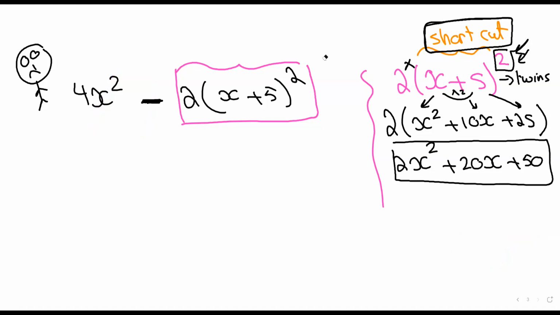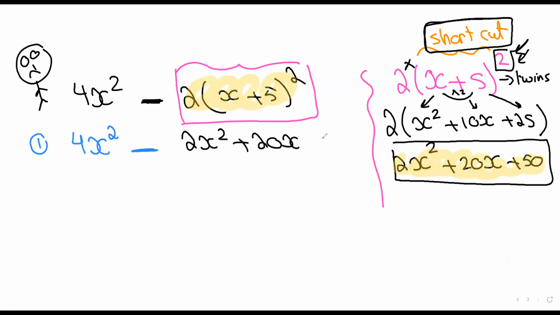Okay, so what will step number 1 be? Step number 1 is keeping the 4x squared as it is, keeping the minus sign as it is, removing the highlighted yellow and putting its answer instead, which is 2x power 2 plus 20x plus 50.